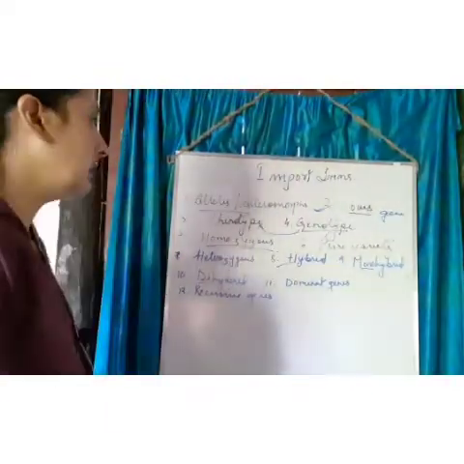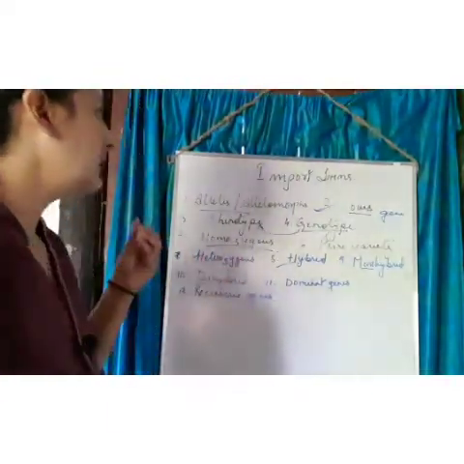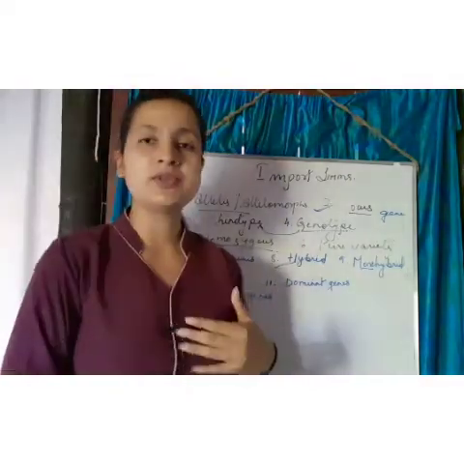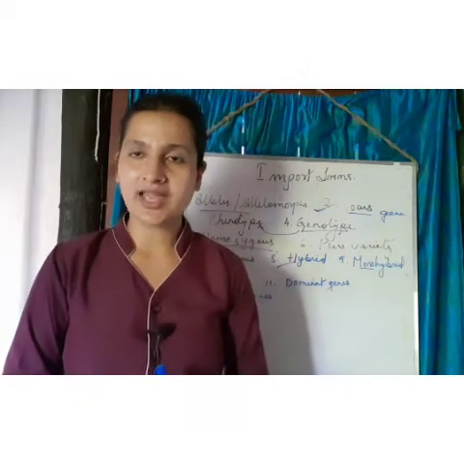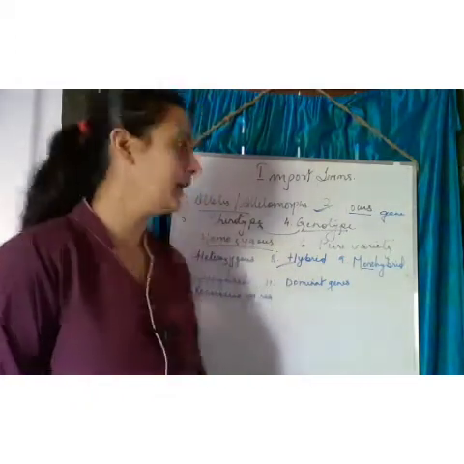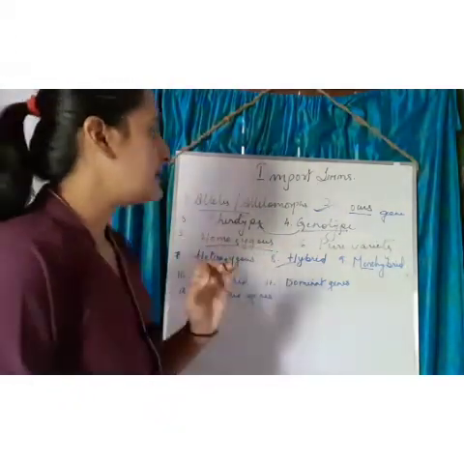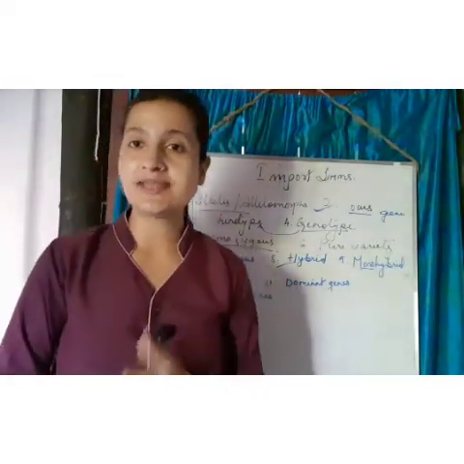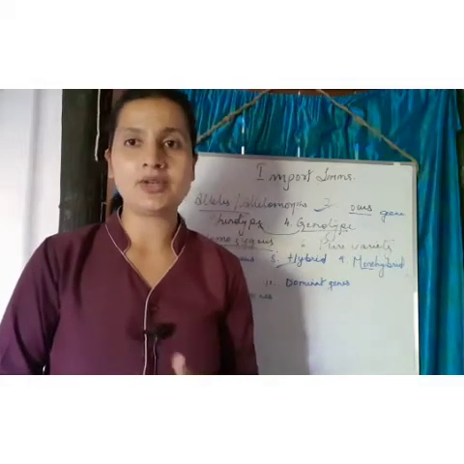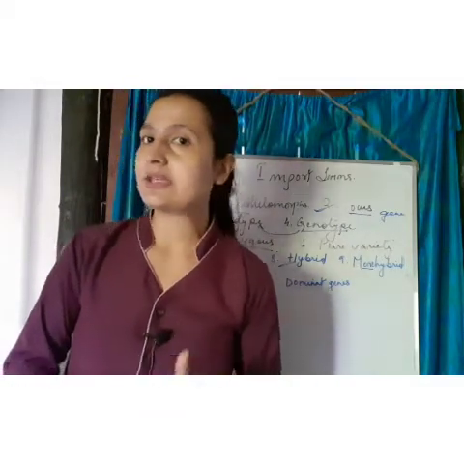Then hybrid is the progeny or the individual which is obtained when two parents with different characters are brought together. Monohybrid means pollination takes place with the same trait, only one character or one trait is involved.